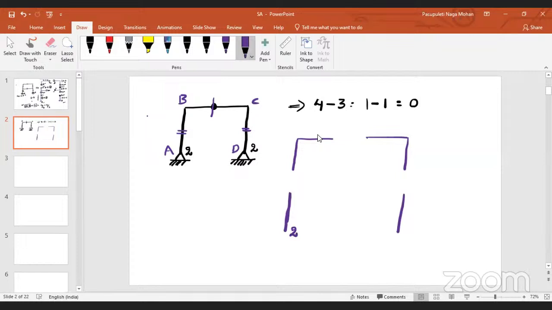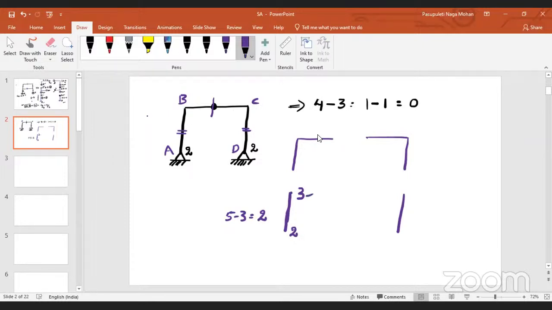And at this end, 3 will exist. So total, 2 plus 3, 5. 5 minus 3, that will be equal to 2.